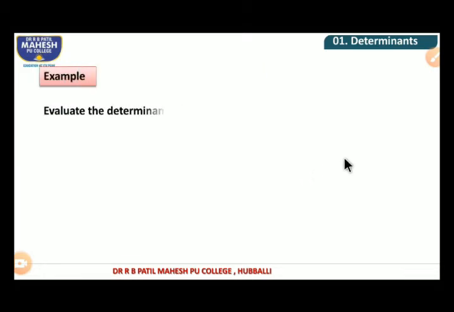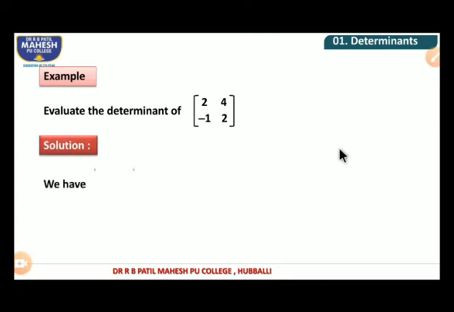Now I am going to consider an example. Evaluate the determinant of the matrix which contains the elements 2, 4, minus 1, 2. Now we can find the solution. We have the determinant of the elements 2, 4, minus 1, 2. Students, I have already told you, this is the matrix.